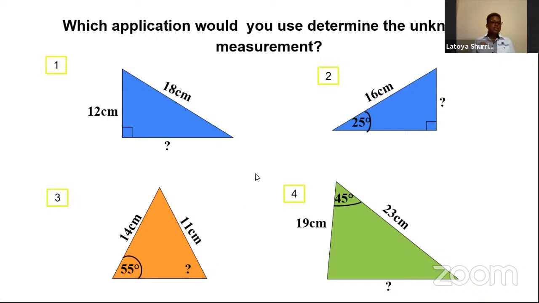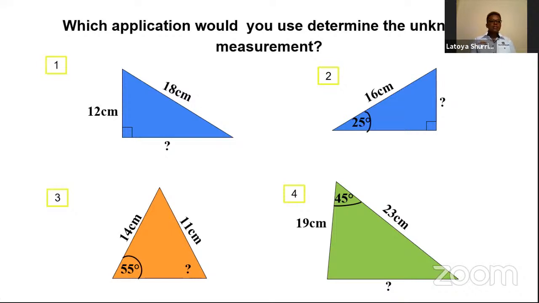Kyla and Ashanti are saying sine rule. So Micah is saying cosine rule for number 4, but Ashanti and Kyla are saying sine rule for number 4. So let's see. On YouTube, I'm seeing sine rule for number 2, cosine for number 4.